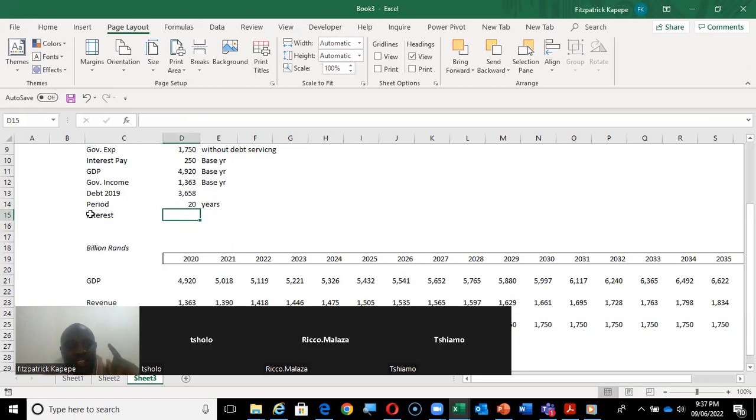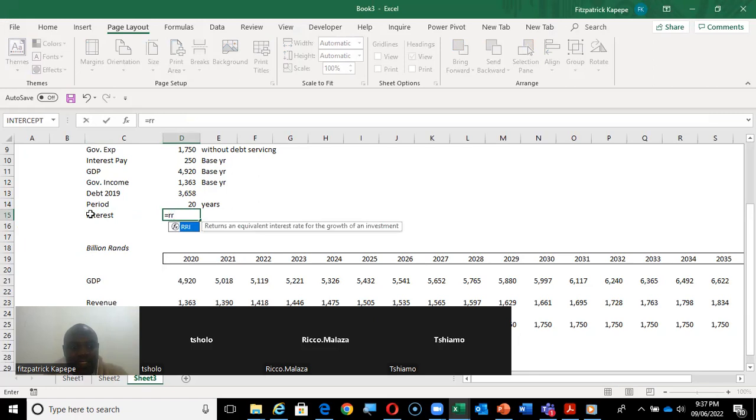Okay, let me try two methods. There's a method called RRI. I hope it works first. RRI, so we have the number of periods, 20, the present value. The only problem, I don't have the closing value. So I can use the function called rate.